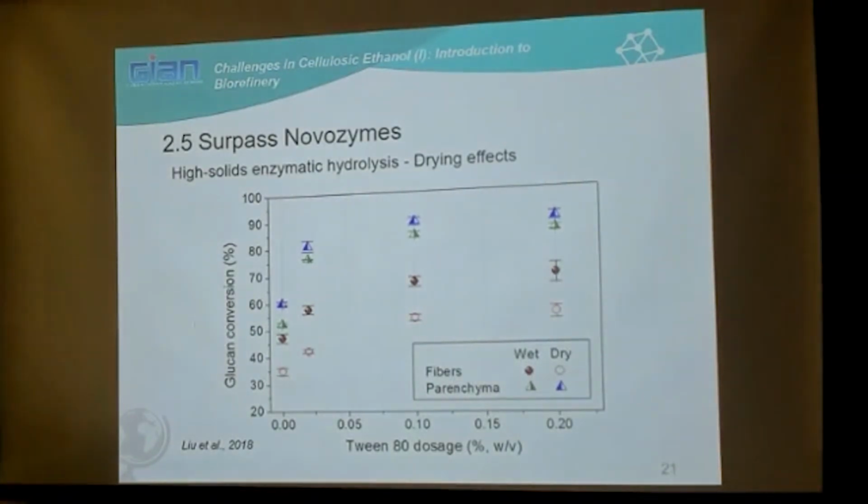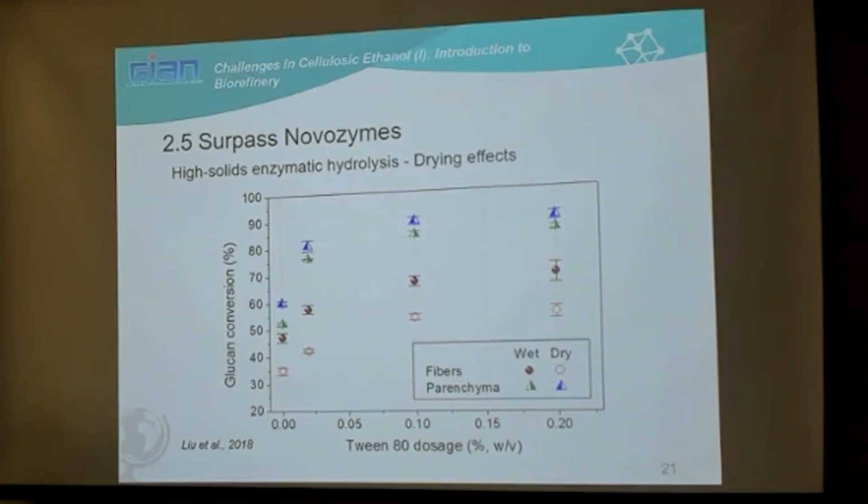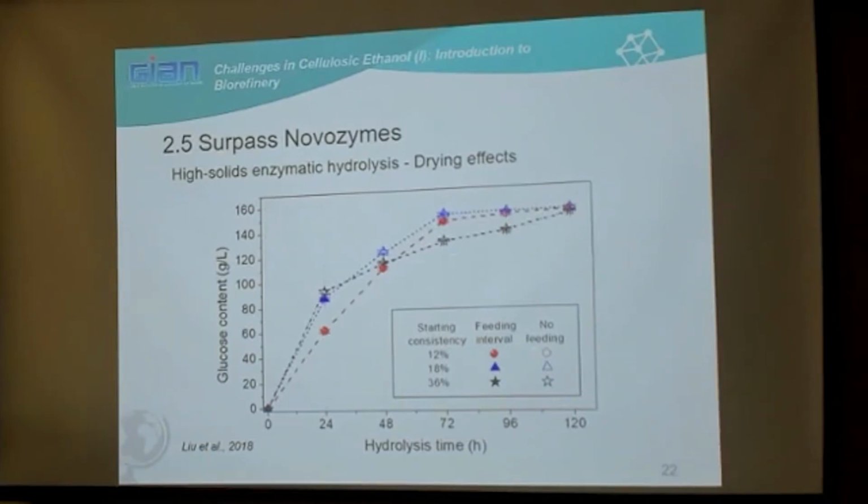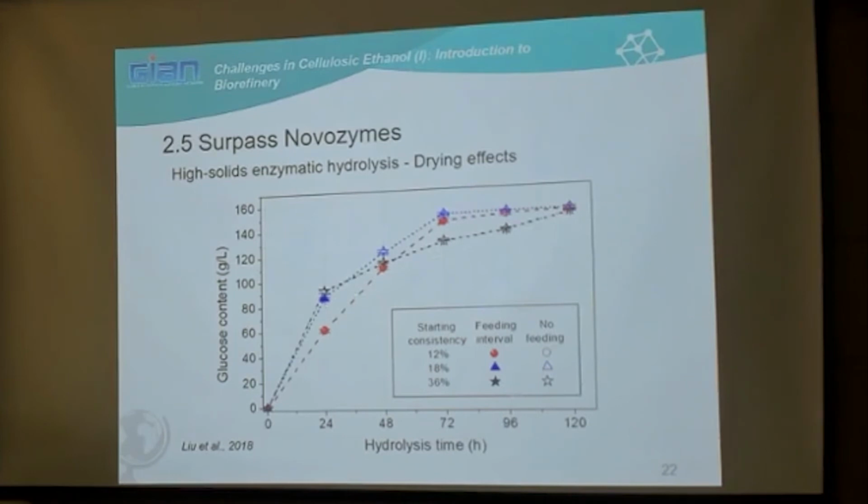These are my results from the cell separation and enzymatic hydrolysis. We can see that fibers are relatively difficult to digest, but the parenchyma is very easily digested. I use surfactant as an additive. Then I did the fed batch process and the single batch process, and I compared them. The results are the same.